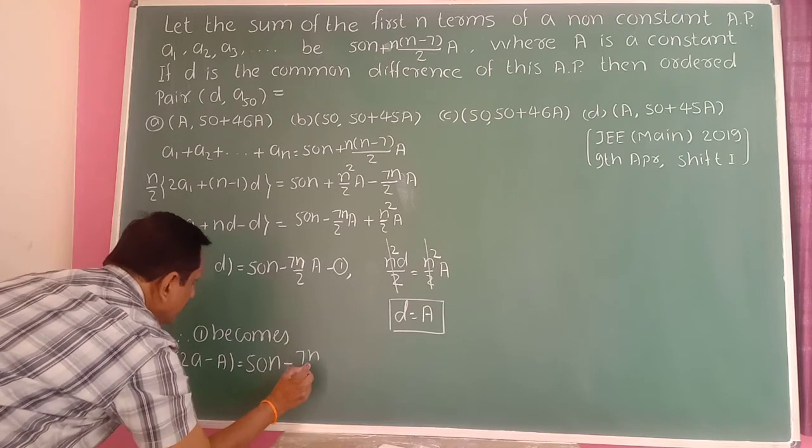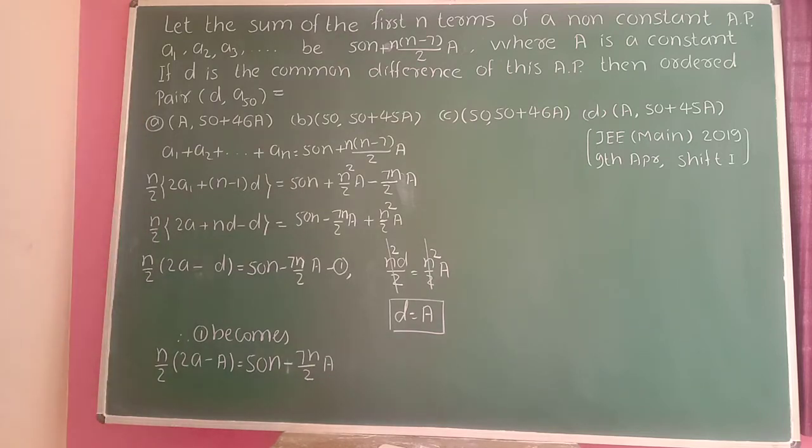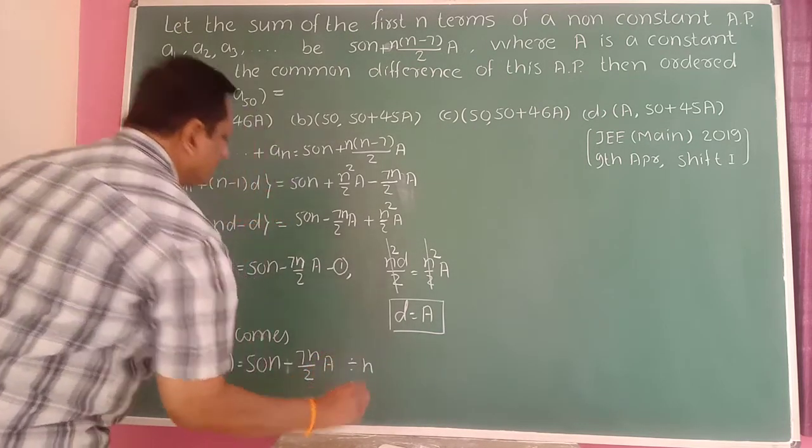So minus 7n divided by 2 into a. Okay. Then dividing both sides by n. Divide this full equation by n.